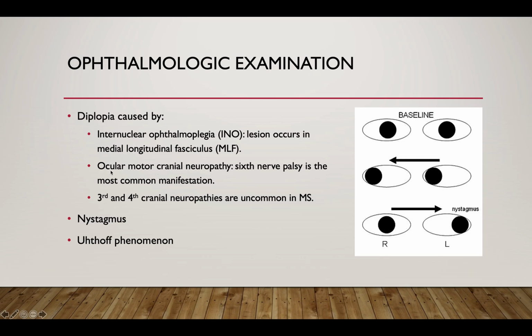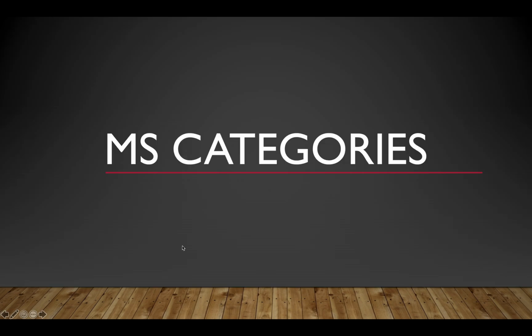Also, diplopia could be caused by ocular motor cranial neuropathy, and sixth nerve palsy is the most common manifestation. Third and fourth are not that common in multiple sclerosis. Also, manifestations of multiple sclerosis in the eyes are nystagmus, and as we discussed before, the Uhthoff phenomenon or Uhthoff sign.